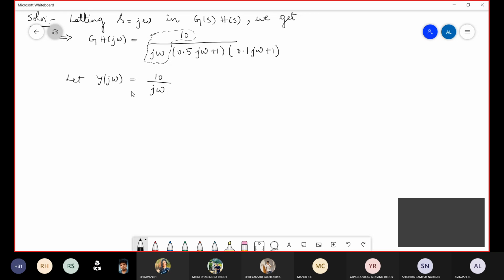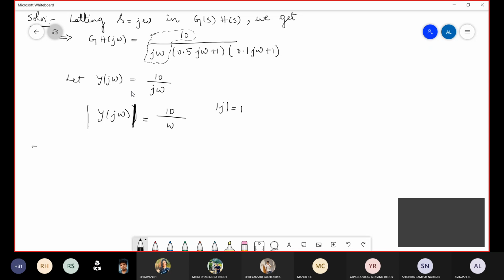Now, when you are calculating the modulus of Y(jω), it will be equal to 10 divided by the modulus of j times omega. We know that the modulus of j equals 1, so 1 into omega is omega. So the modulus of Y(jω) will be equal to 10 divided by omega.